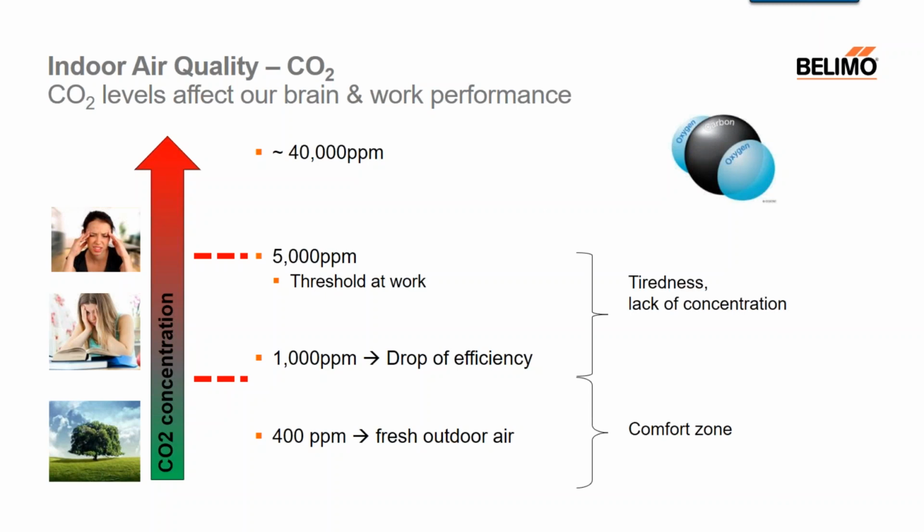At 1,000 to 2,000 parts per million, we see signs of drowsiness, which is caused by the poor air quality. At 2,000 to 5,000, we see headaches, sleepiness, caused by stagnant, stale air.